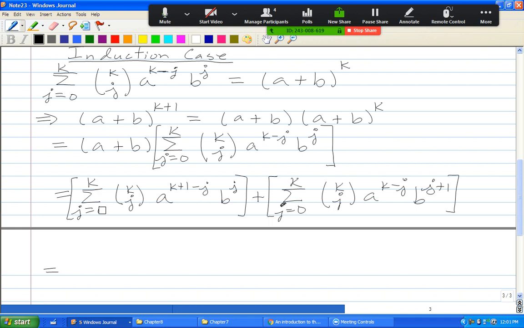So letting j equal 0, I get k choose 0 a to the k plus 1 minus 0 b to the 0, plus, well, the rest of the sum j equaling 1 to k of k choose j a to the k plus 1 minus j b to the j.